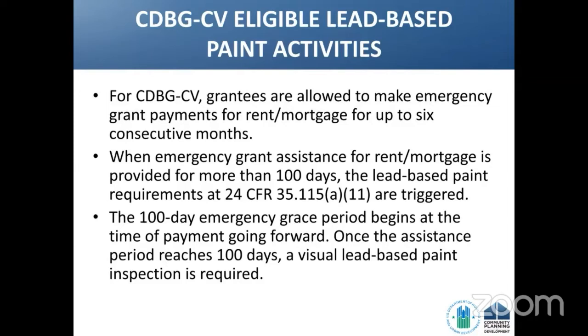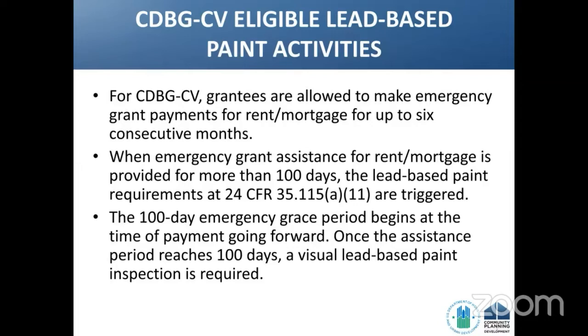115A11. And what that says is that the requirements of subpart K of this part, meaning 570, do not apply if the assistance being provided is emergency rental assistance or foreclosure prevention assistance, provided, this is the key language, provided that this exemption shall expire for a dwelling unit no later than 100 days after the initial payment of assistance.